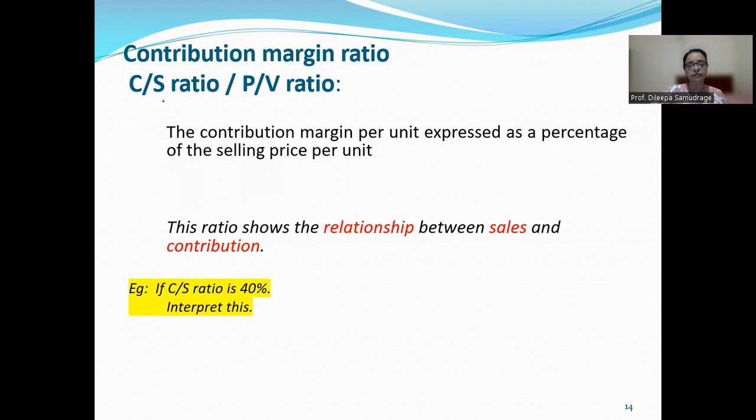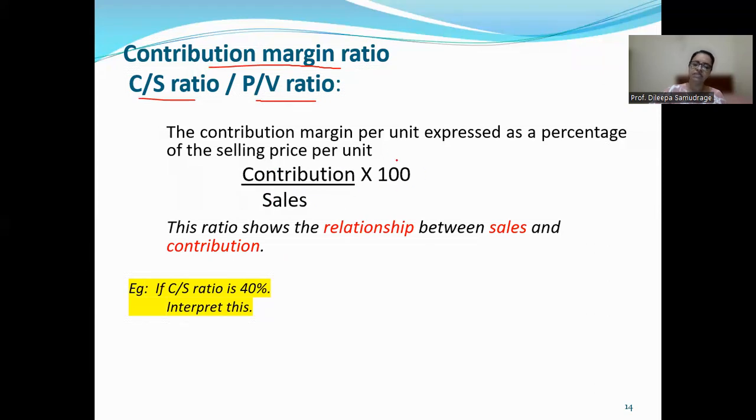Please write down those terms, contribution to sales ratio. Sometimes we call it profit volume ratio, PV ratio. So contribution margin ratio, PV ratio or CS ratio means the relationship between contribution and selling price as a percentage.